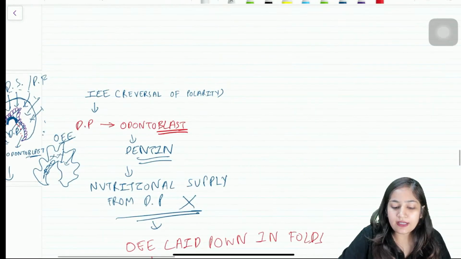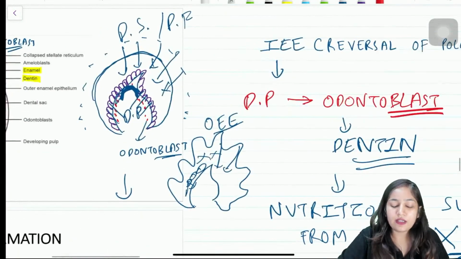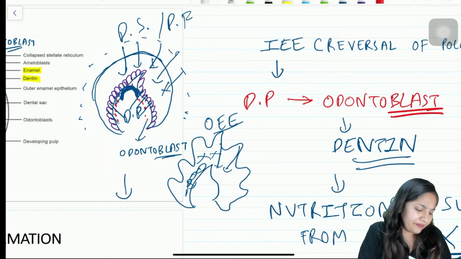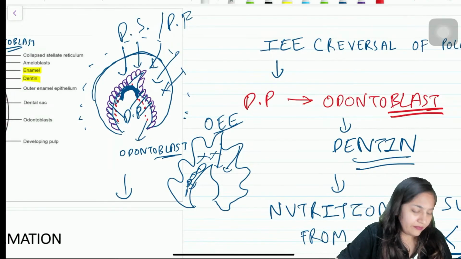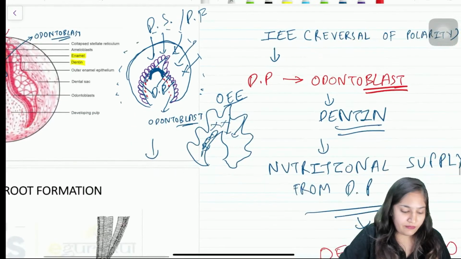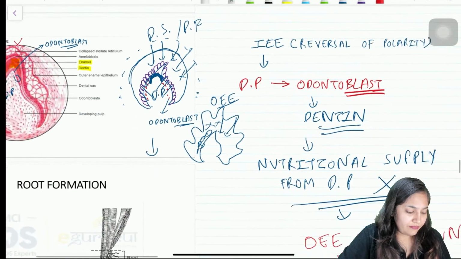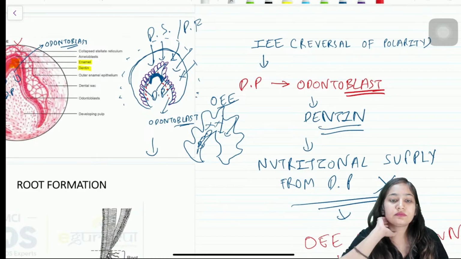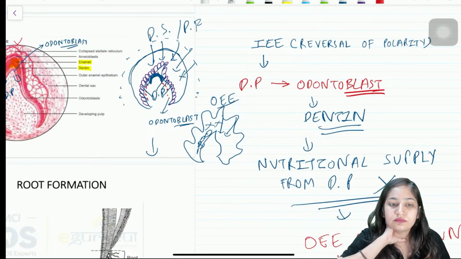So you can see what is happening here. First, which dental tissue is forming, enamel or dentine?